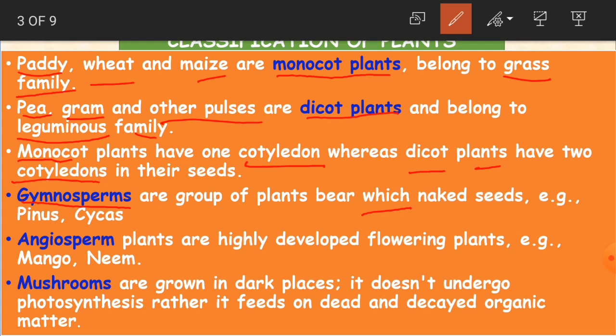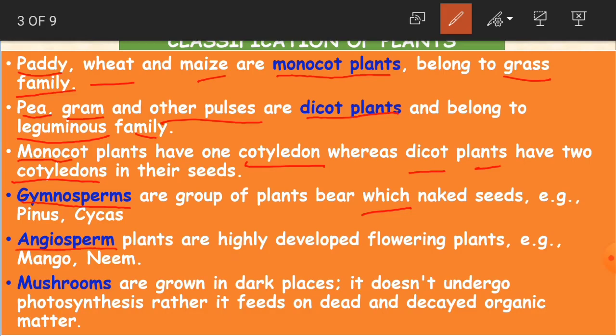They have cone type of leaves and seeds. These types of plants are called gymnosperms, and pinus and cycas are the examples. These plants are found in hilly regions actually. And now angiosperm plants.